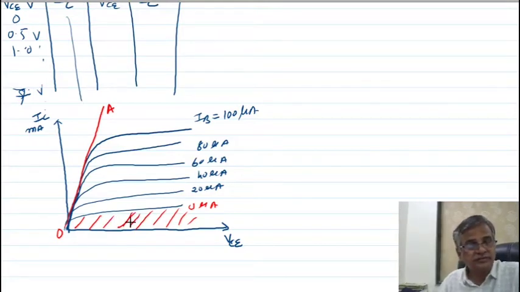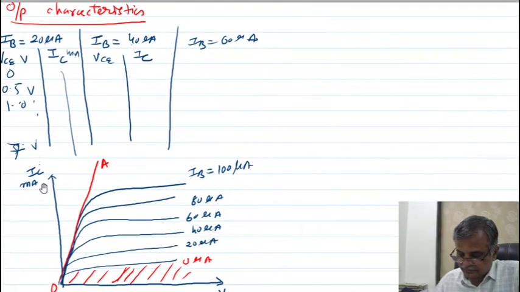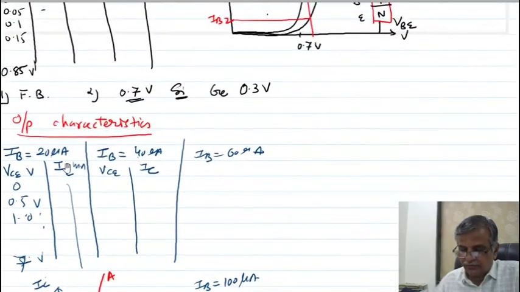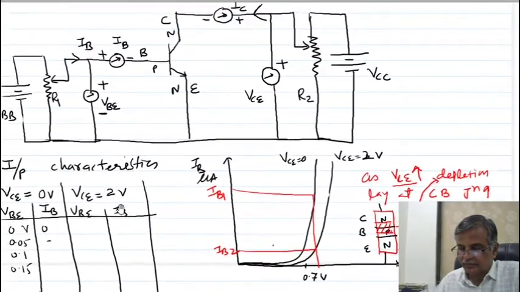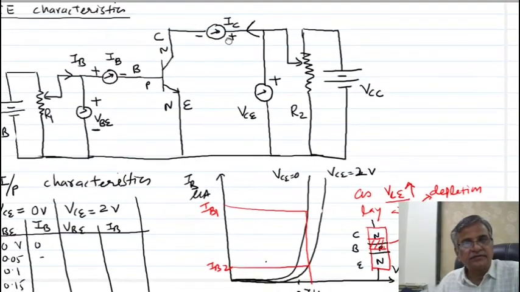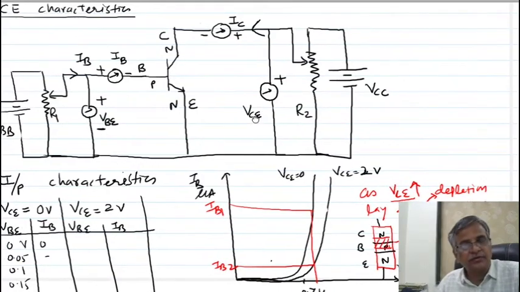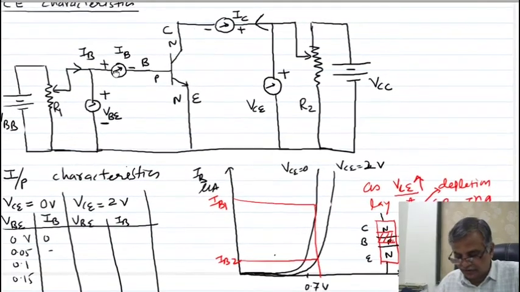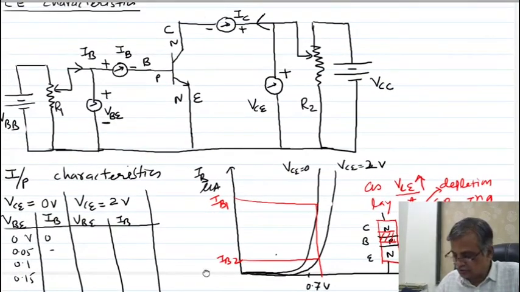Now listen. The graph of collector current versus collector emitter voltage for different values of base current is shown in this figure.